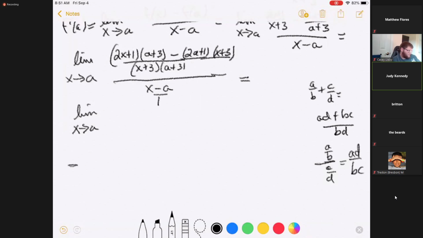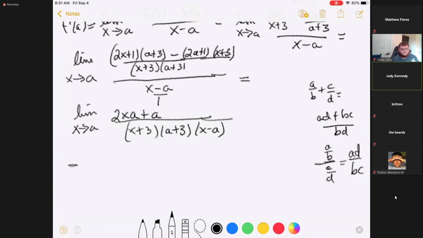Okay, using that, actually in the denominator I'm just going to have x plus 3 times a plus 3 times x minus a. So what's the numerator? 2xa plus a, plus, multiply by 3, 6x plus 3.